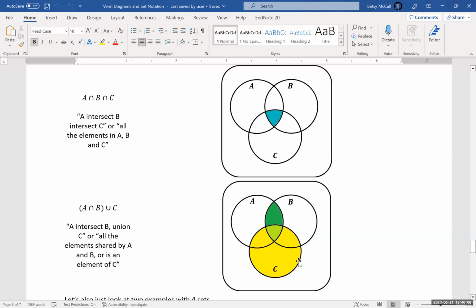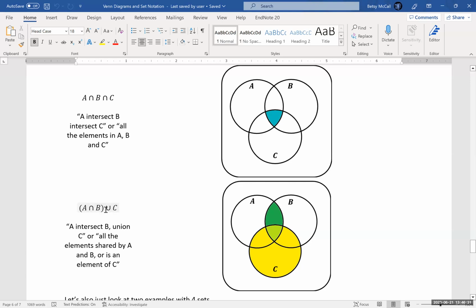And again, notice I essentially combined these in 2 stages at a time. So I first figured out where A intersection B was, and then I found out where C was, and then I decided how to either overlap them or collect them all together because of the last item.